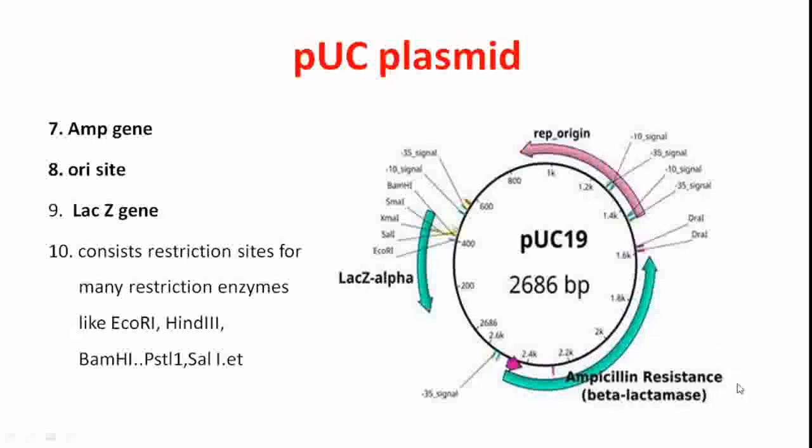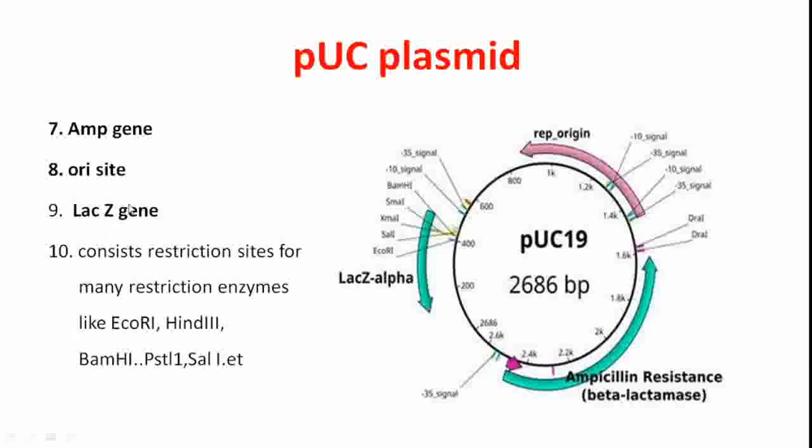Then what is the specialty of the pUC plasmid? In addition to these genes of pBR322, it additionally has a LacZ gene, a lac operon gene. Additionally, this gene was added and hence this is modified. So the pUC plasmid's specialty is to have an additional gene, the lac operon gene called the LacZ gene.